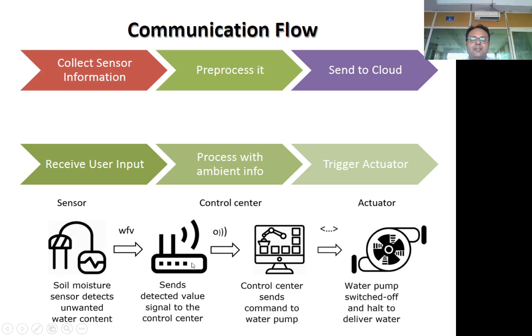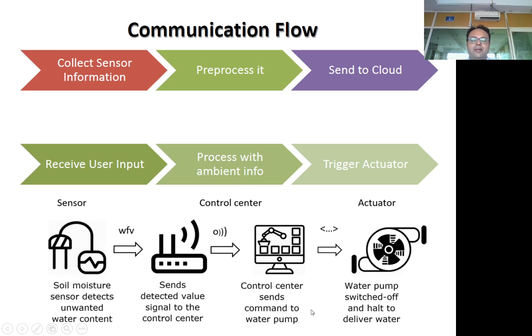This data will be sent to your control center, which is connected with an actuator that can be your water pump. When the soil moisture sensor senses that the water level in the plant has decreased, it will send the data to the control center, where you validate that data and decide with your event processing and business logic, applying some rules to your engines, and accordingly allow the actuator to act. So this is the basic communication flow, right?